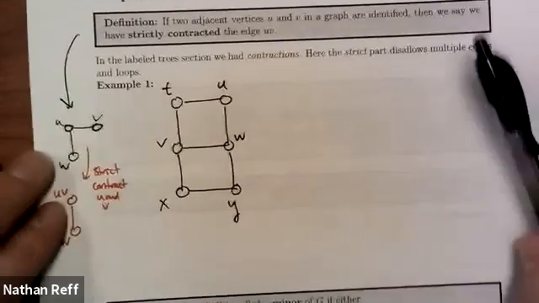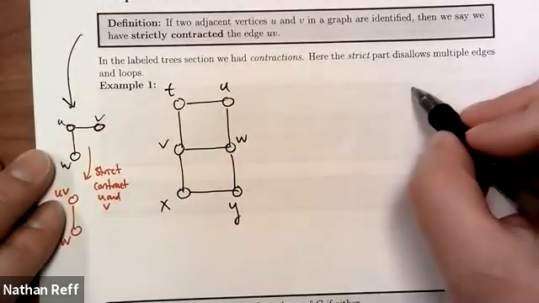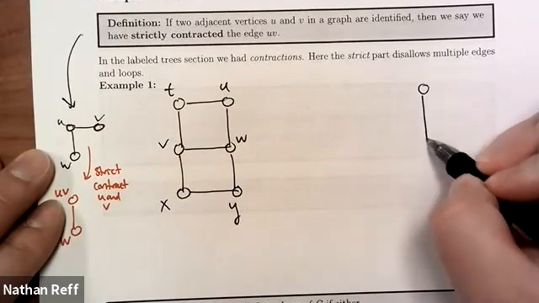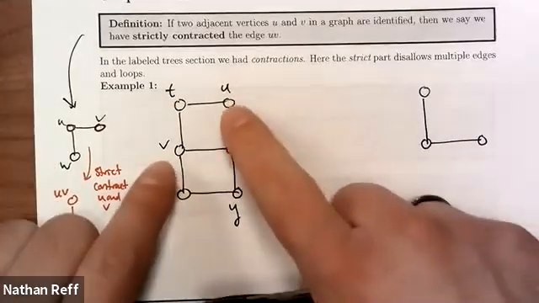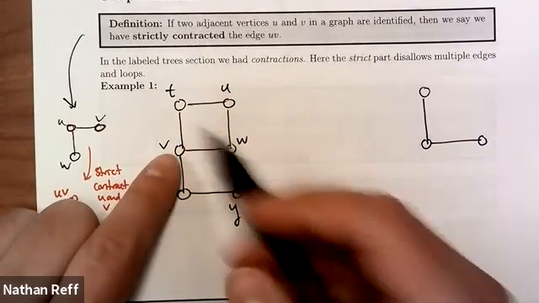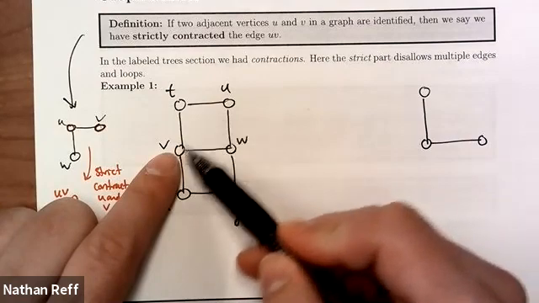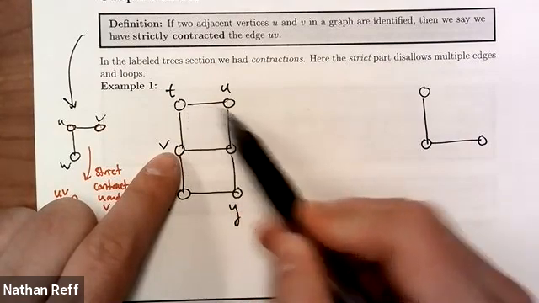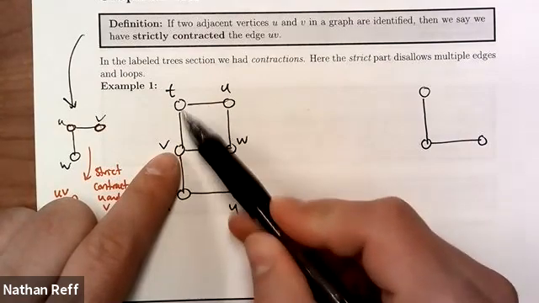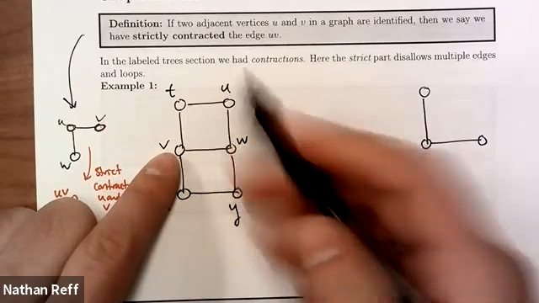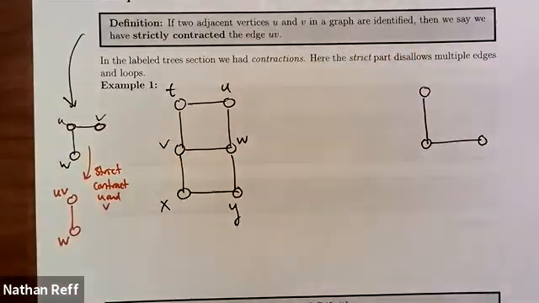Let me show you what the final result would be. If I strictly contracted U and V together, it looks like I would end up with these multiple edges that are created. Do you see, if I identify those together, this edge and this edge would follow, and I would have two edges here and two edges here. But when you're doing a strict contraction, you want to end up with a simple graph in the end. So you effectively identify those edges, or you can think of it as just deleting the multiple edges.